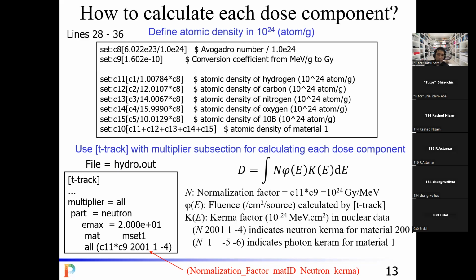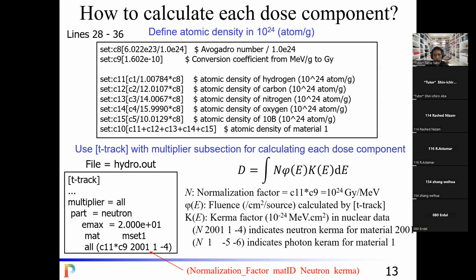So actually, this is very difficult. I know that most of you are very confused right now, but this is a technique for how to calculate each dose component. Basically, if you use this input file, you don't need to think about the technique behind it.